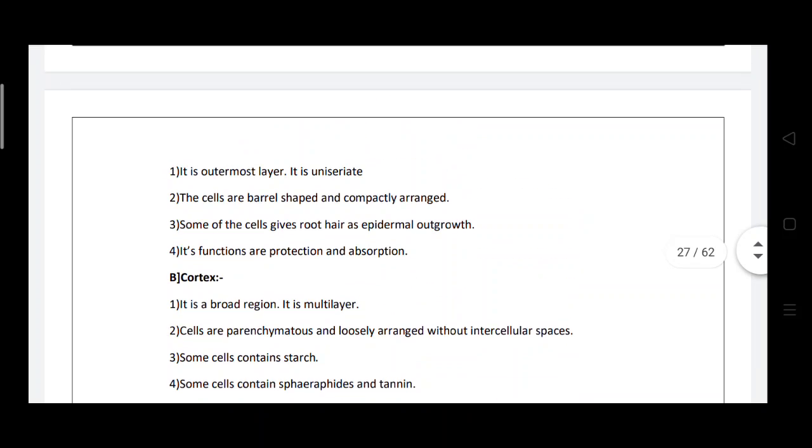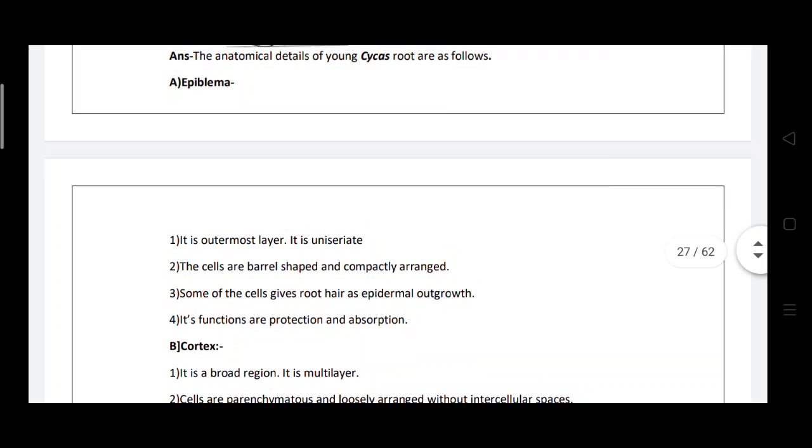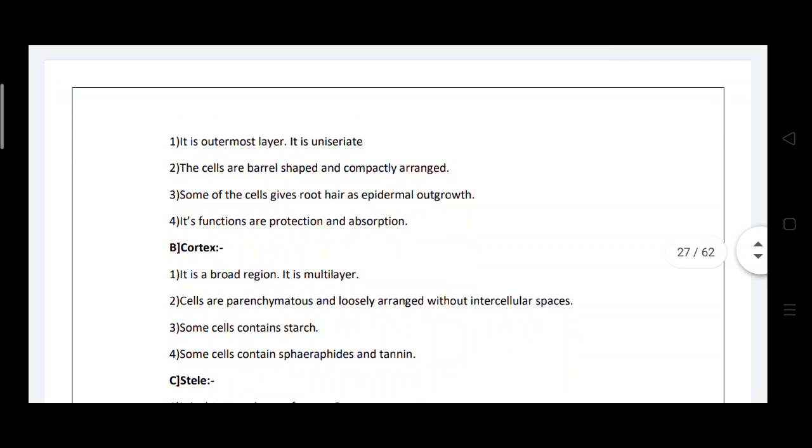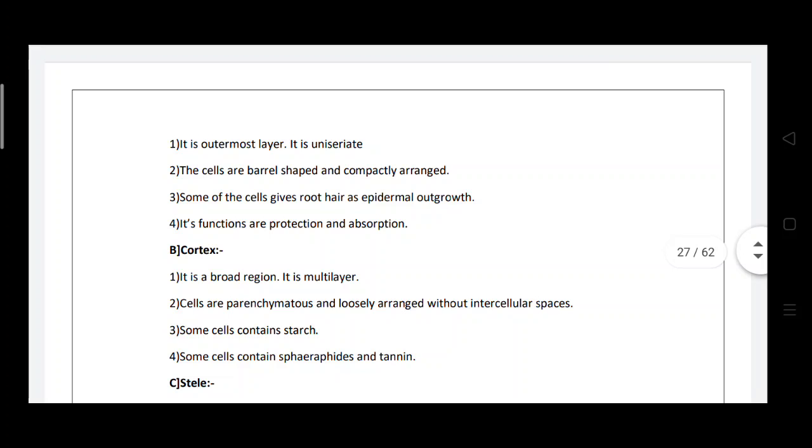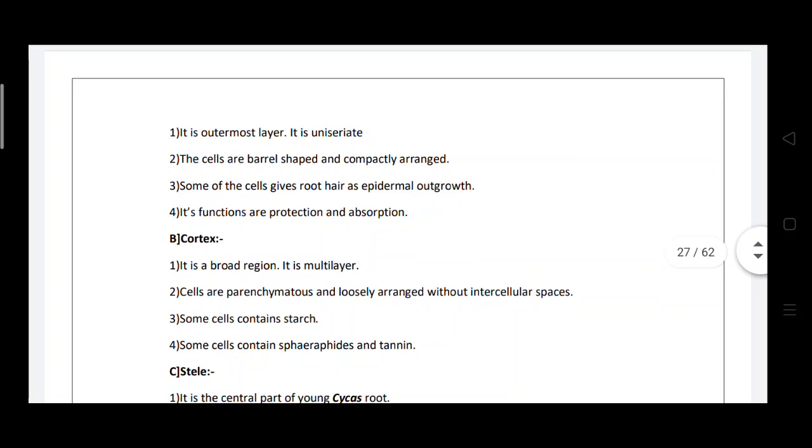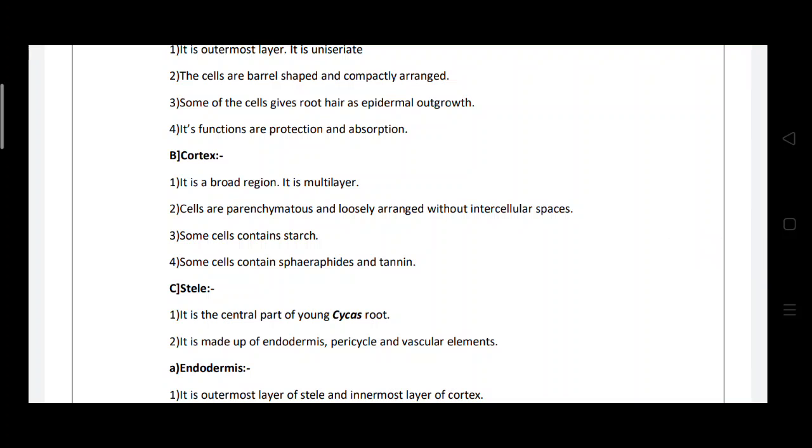The anatomical structure of this young cycas root shows three parts: epiblema, cortex and stele. The epiblema is the outer layer, the cortex is the middle, and the stele is at the center of the cycas root.